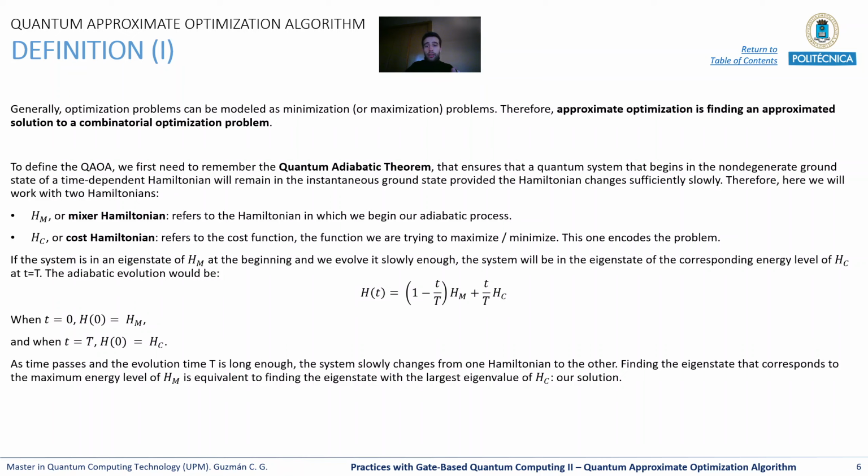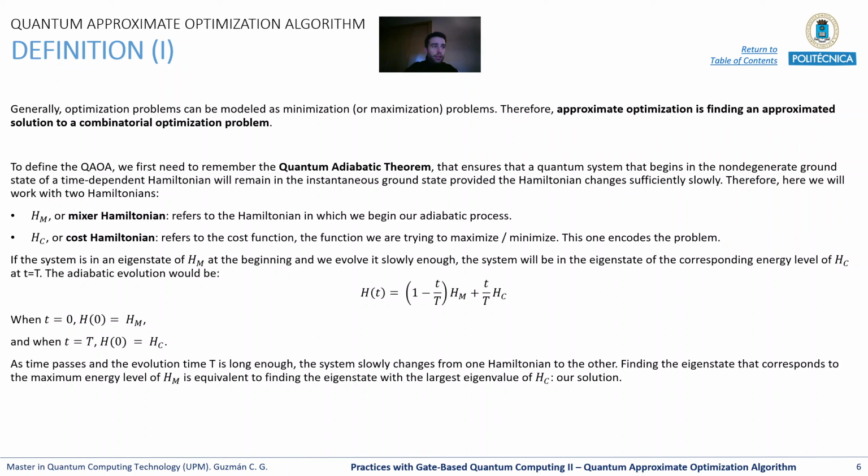When we are talking about the quantum approximate optimization algorithm, this approximate optimization is finding an approximated solution to a combinatorial optimization problem. I'm sure you've seen other combinatorial optimization problems before. They are all about optimizing.